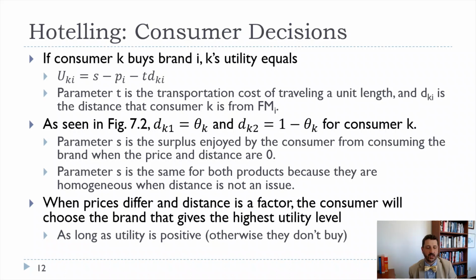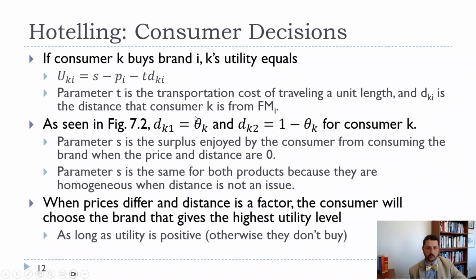It's used in this type of model where we can think of it as either literal transportation costs, right? Actually having to walk to the store, or we can think of it as figurative transportation costs of not getting exactly what you want. And so that is t, and then d is just the distance from location k to firm i, right? So the distance you have to travel down the street to either store.